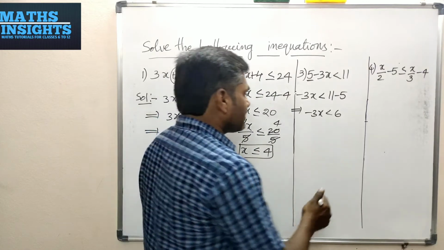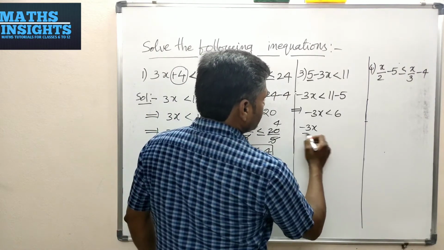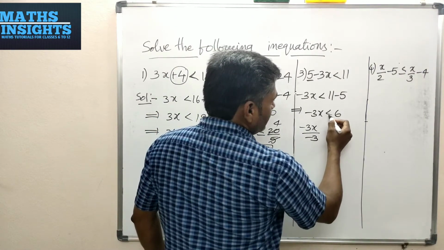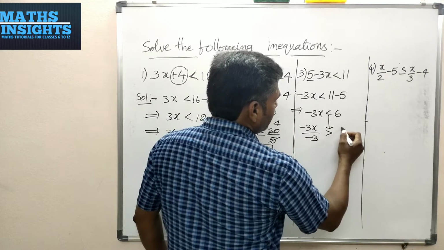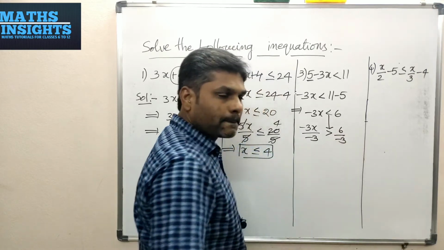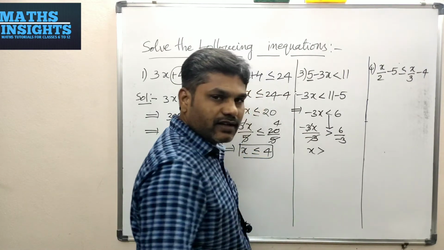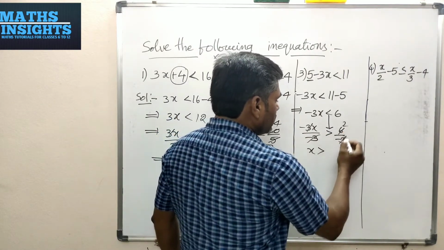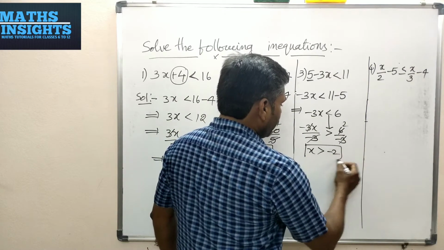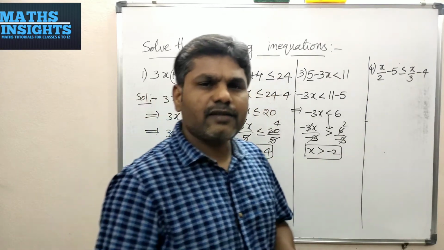Means it changes. Therefore, minus 3x by minus 3, this less than will become greater than, 6 by minus 3. When you cancel these two, x is greater than 3 twos are 6, that is minus 2. That means the x value is greater than minus 2.